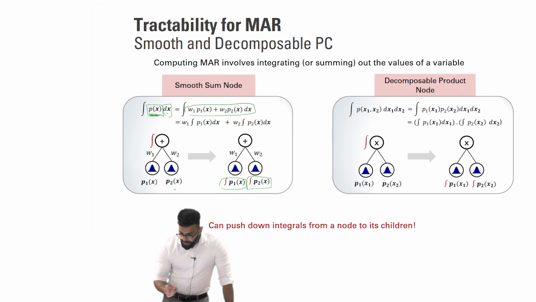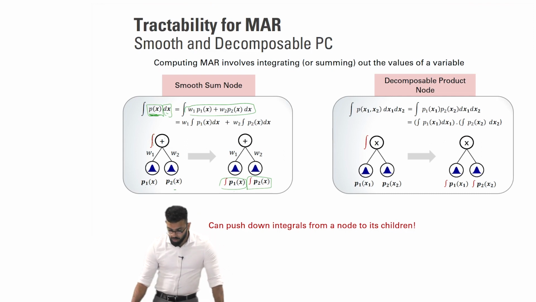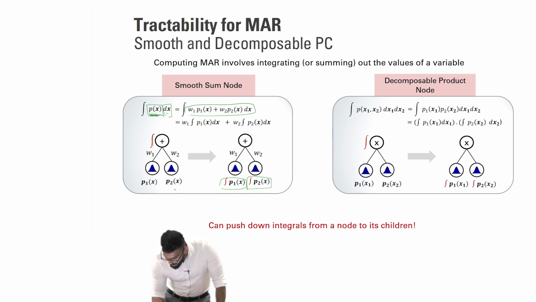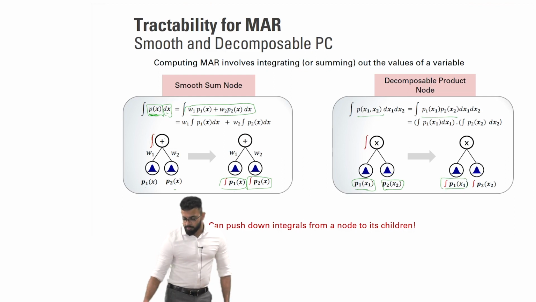Now, you cannot do the same if you do not have a decomposable product node. But if you have a decomposable product node in your circuit, which means the scopes of these two children are disjoint, then you can write the joint probability as the product of your individual probabilities, and you can also push down the integral into the children. It's very simple.